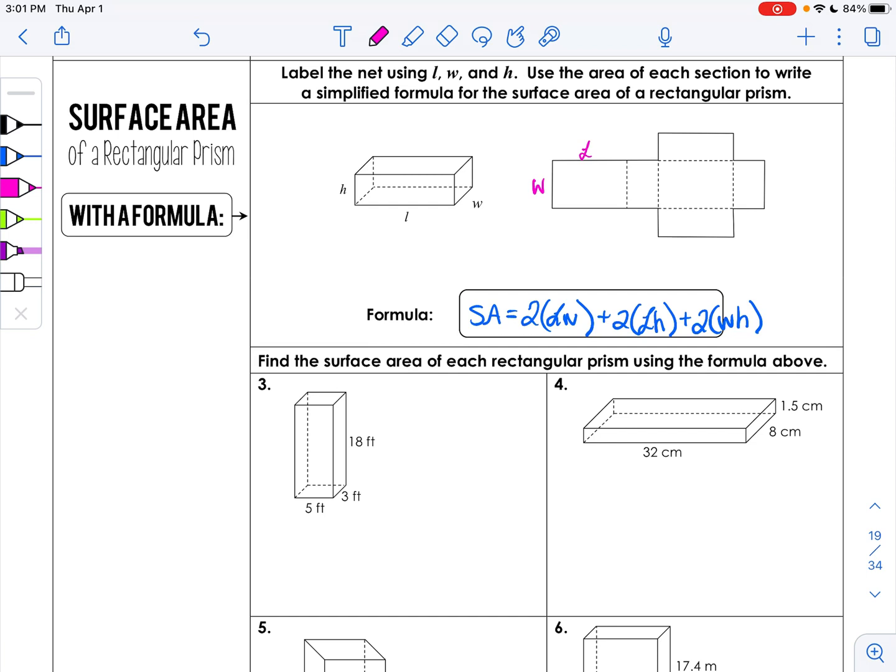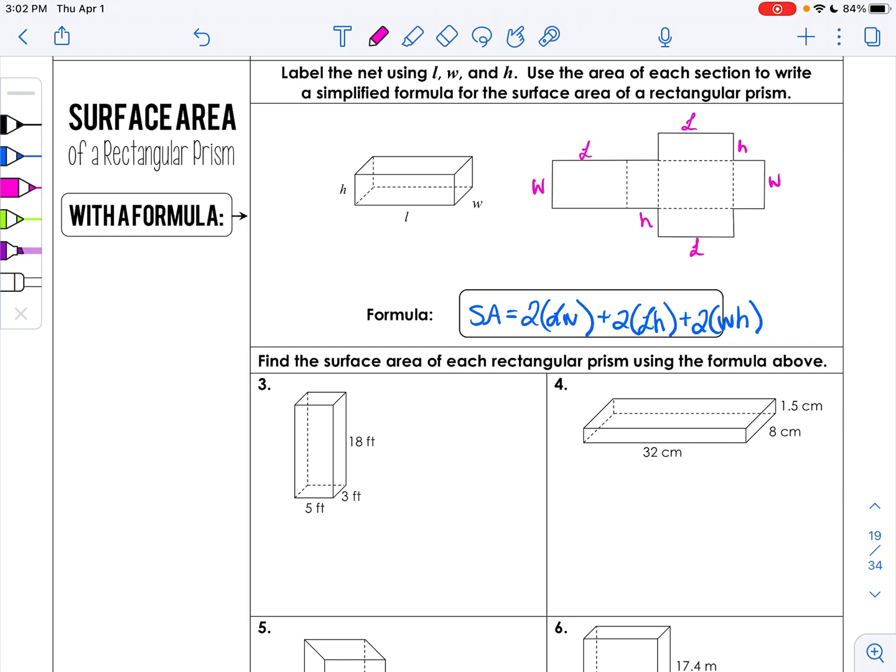And then the rectangle on the top, we have the length again with the height, and then the width, and this is our length, and then our height. So it's putting some letters, length, width, and height, with those numbers so that you can use the formula.